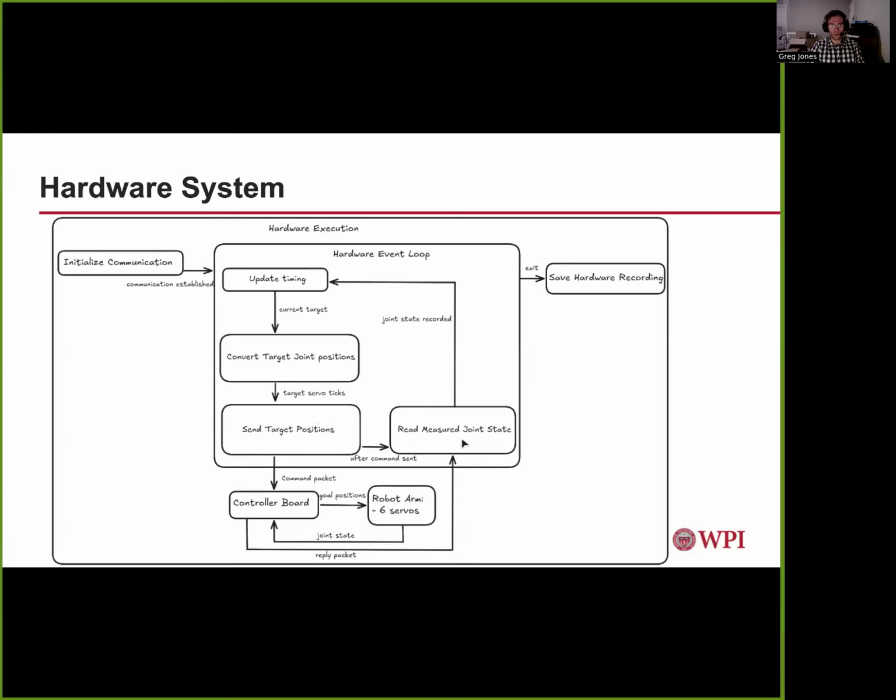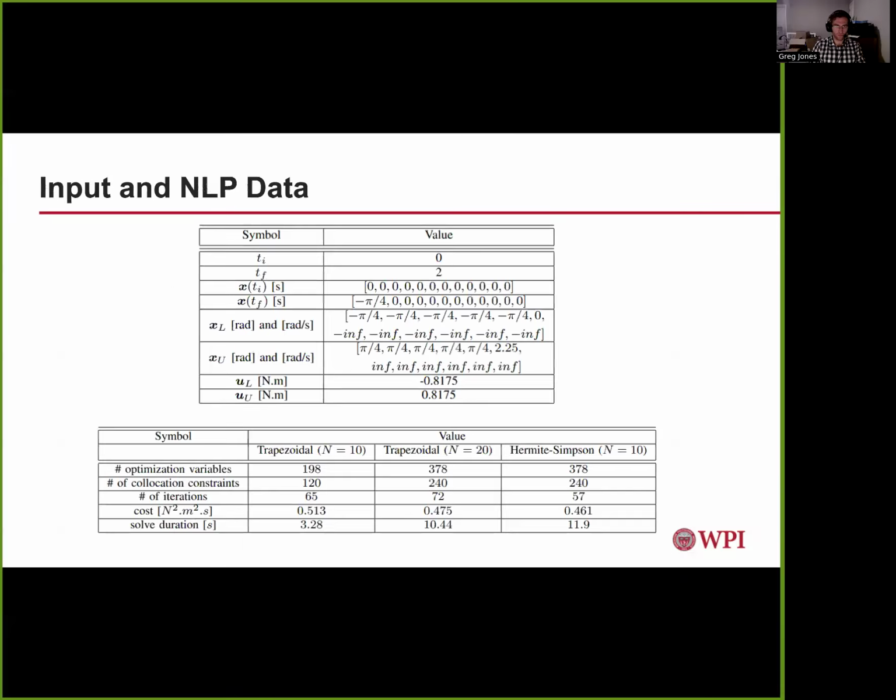On the reading side, it reads the socket of the serial communication to get data for the actual followed trajectory, which included position and velocity. That ended up being saved to a separate file too. That logic was something I wrote also.